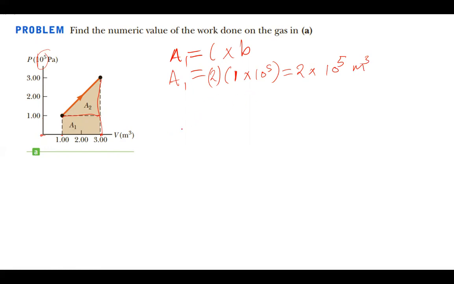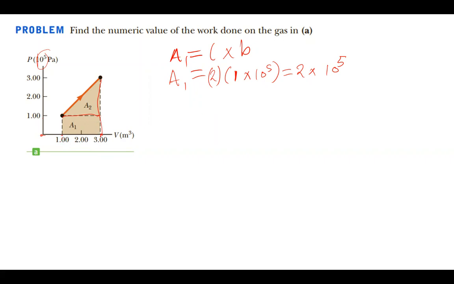This is not meter cubed, this is pascals times meter cubed. Let's use dimensional analysis to get the correct units.